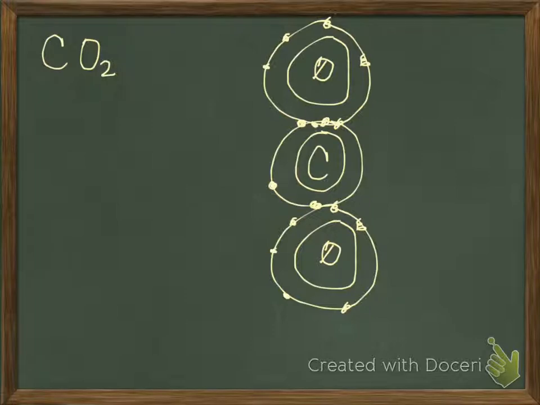This one has to share 1 more. One, 2, 3, 4, 5, 6, 7. Eight. So they're actually overlapping their orbitals.